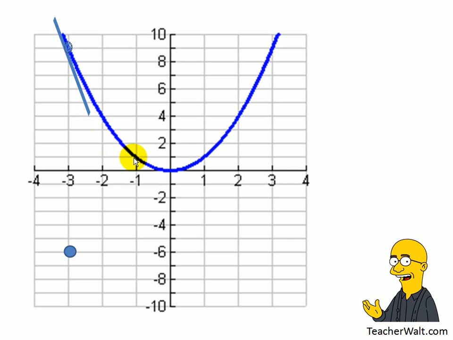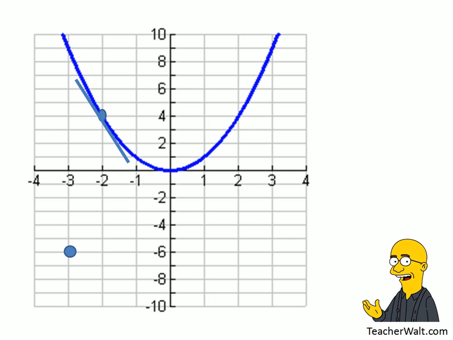Now let's go to the next level and look at what about if we've got -2? One of the things you'll want to observe about the slope of the tangent line at x equals -2 is it's not quite as steep. It's still negative. And notice in particular how that corresponds to the fact that the curve is decreasing.